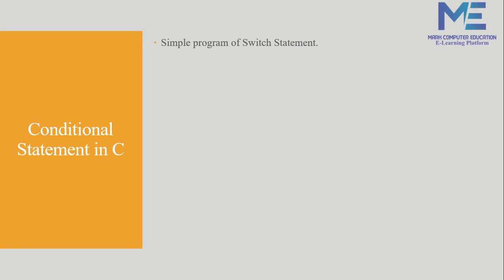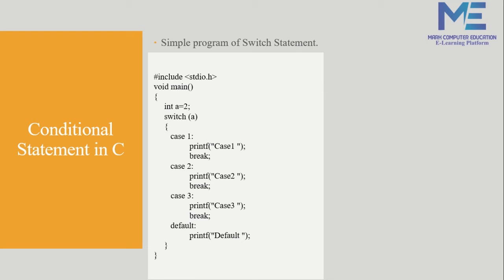So here is a simple example of the switch statement in which I have created a variable named a and I have passed that variable a in switch. Then I have created three cases: case 1, case 2 and case 3. Friends, it is not necessary that you pass case values in sequence. You can pass any value, or you can also give values as characters.